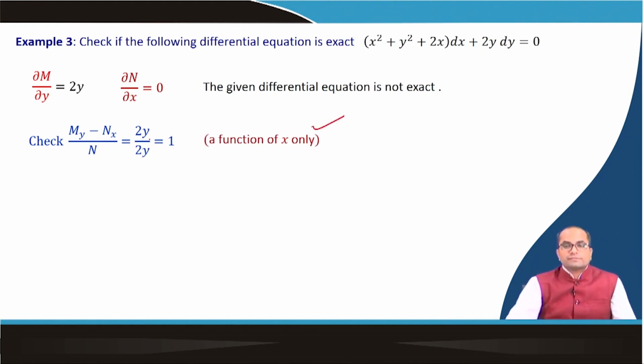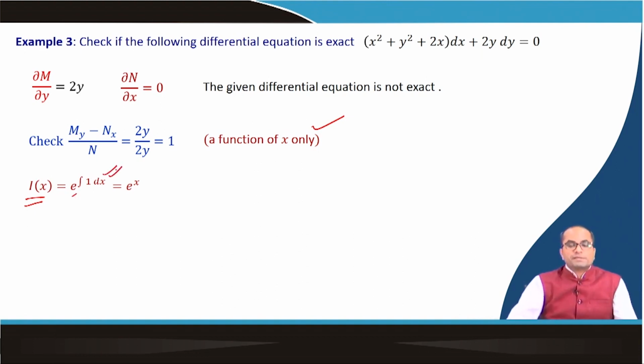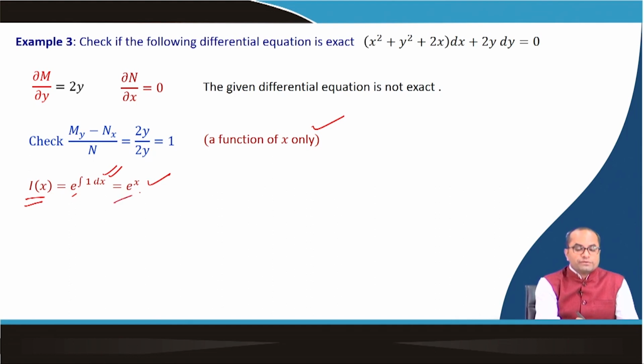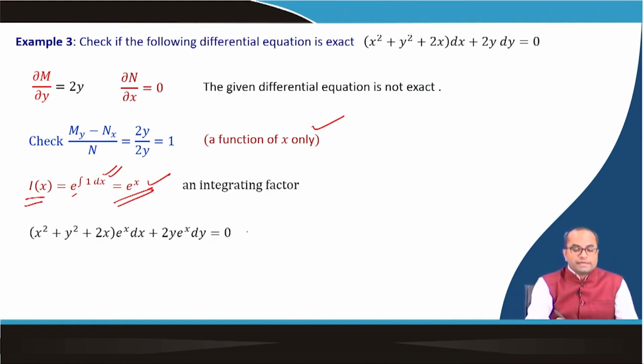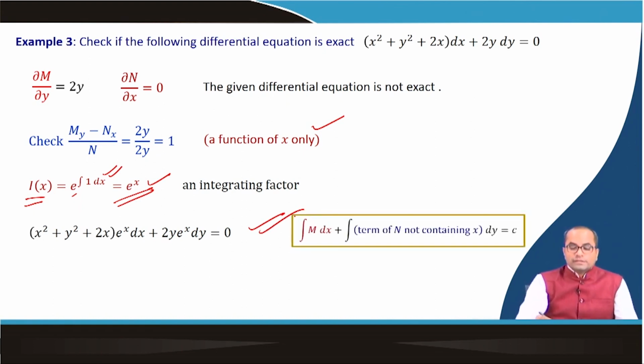It is a constant function basically, but we can treat it as a function of x alone and we will get this integrating factor as e^(∫1 dx), that means e^x. So, the integrating factor we got with this approach is e^x, which is the case where, as we have seen earlier, if we multiply by e^x, then this equation will become an exact differential equation.